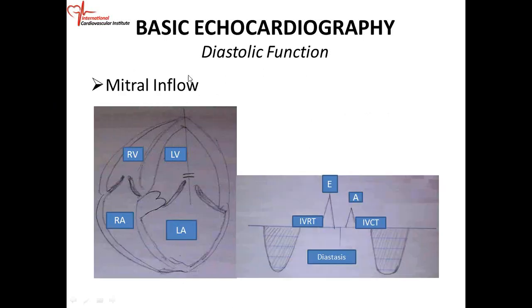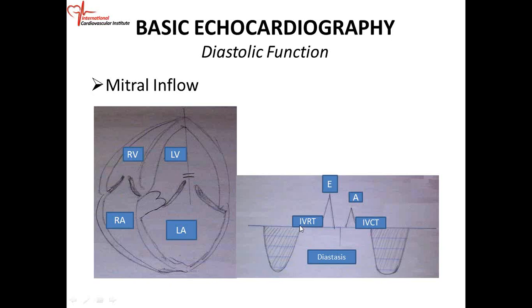And it looks something like this. We're just going to concentrate on the left side. This is your apical four-chamber view, the mitral valve. Your cursor is right there. The sample volume should be at the tip of the mitral leaflet. Left ventricle, left atrium. Once you press pulsed Doppler, this would be your left ventricular flow tract envelope.